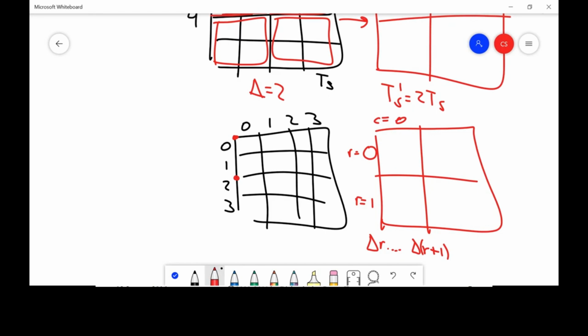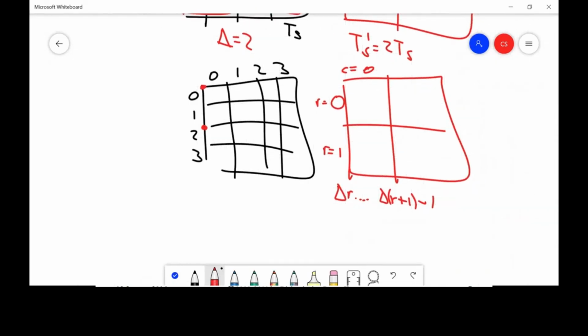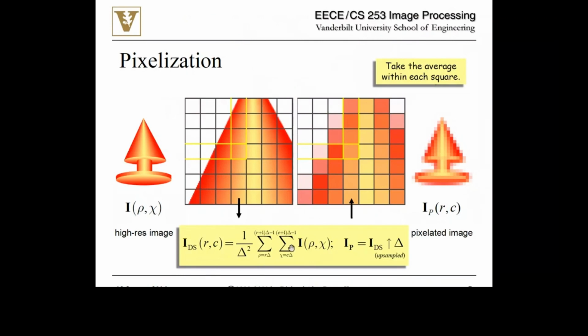That is not what I want. I want to go 0, 1 only. So minus 1. From delta R to that thing, how many rows do we have in between? We have delta rows in between, and the same for the columns. Now we understand these limits here.